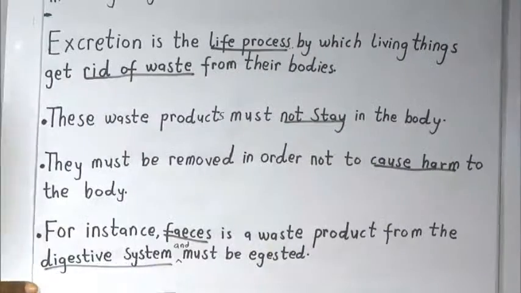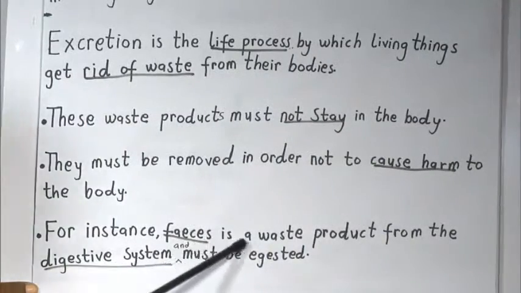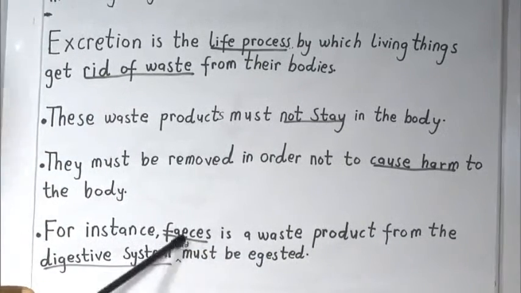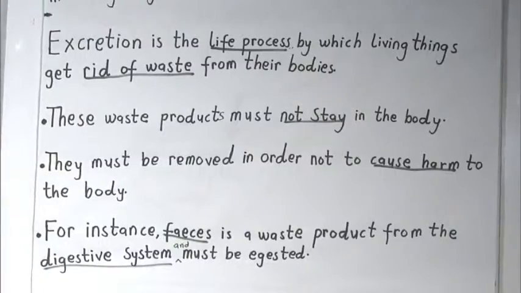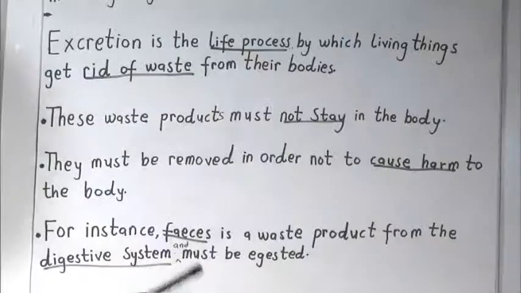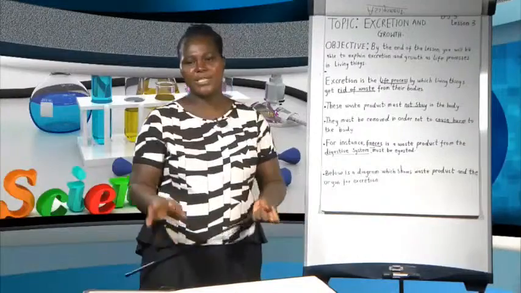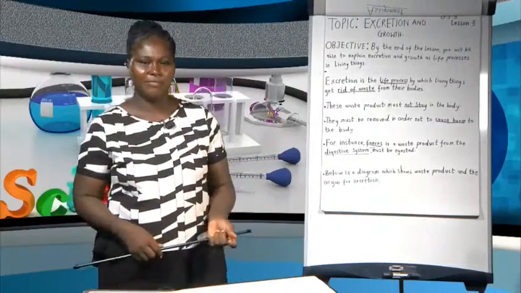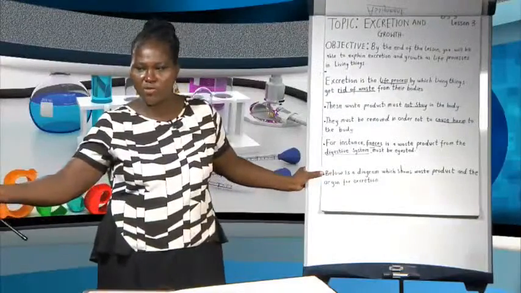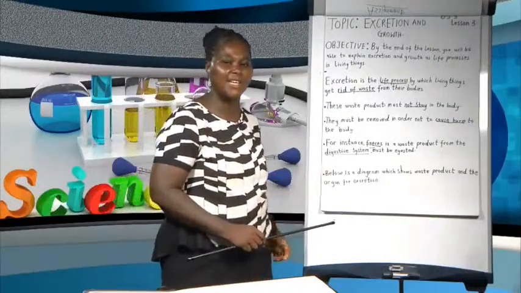For instance, feces is a waste product from the digestive system and must be removed. So we all have to get rid of the feces. When we eat, the waste ones are stored in our body and must be removed by the digestive system. And we saw on our screen that the large intestines does that.